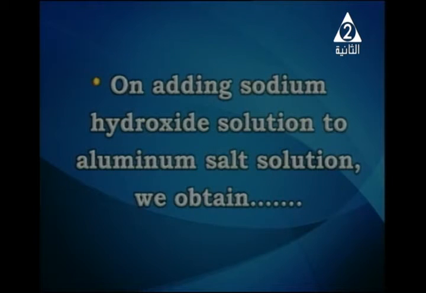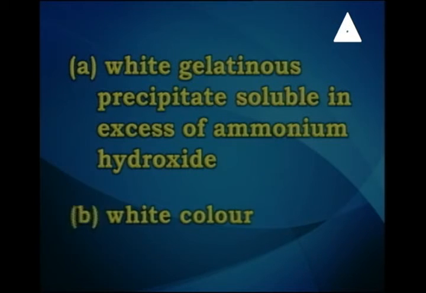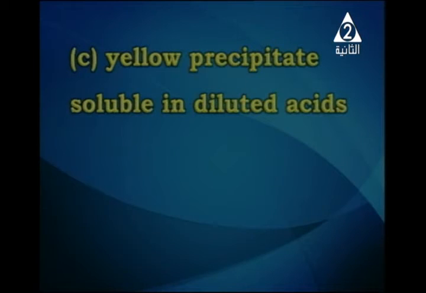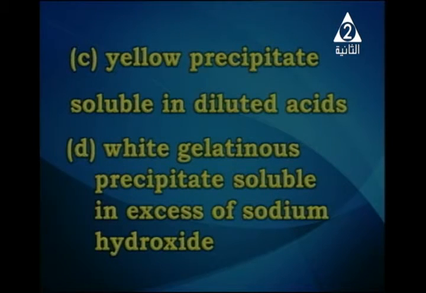Next point. On adding sodium hydroxide solution to aluminum salt solution, we obtain what? White gelatinous precipitate soluble in excess of ammonium hydroxide, white color, yellow precipitate soluble in dilute acids, white gelatinous precipitate soluble in excess of sodium hydroxide.